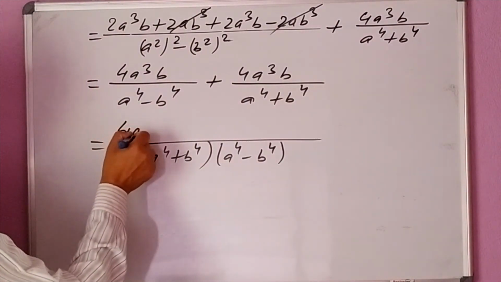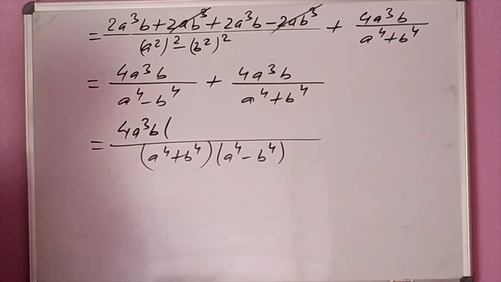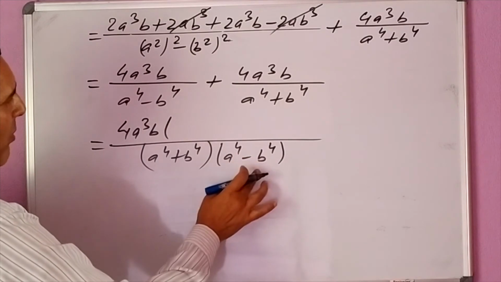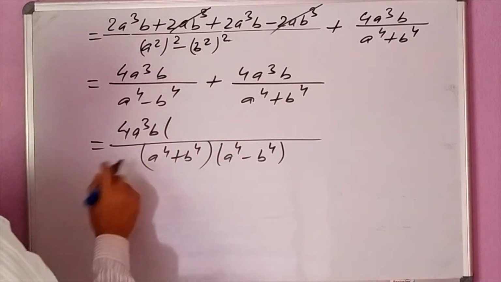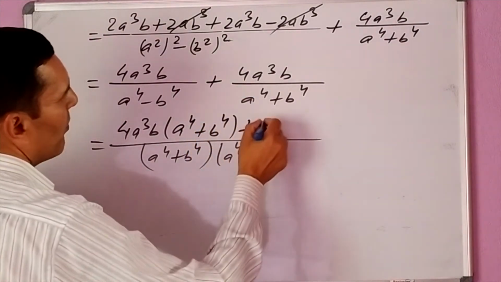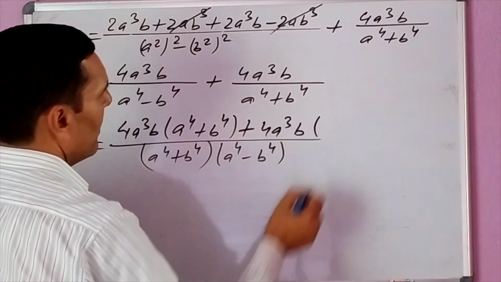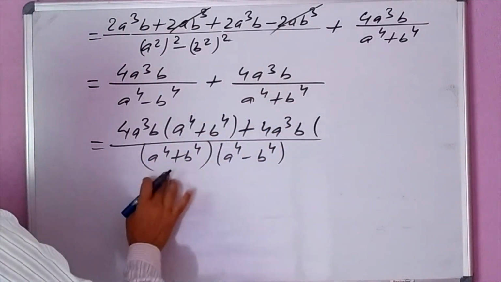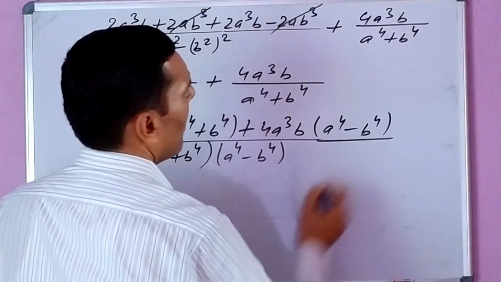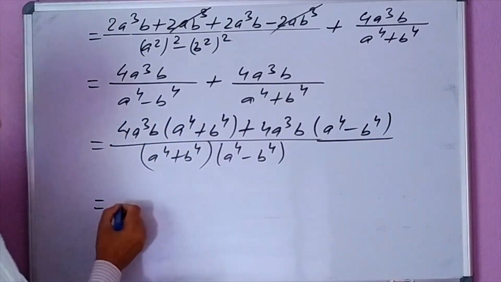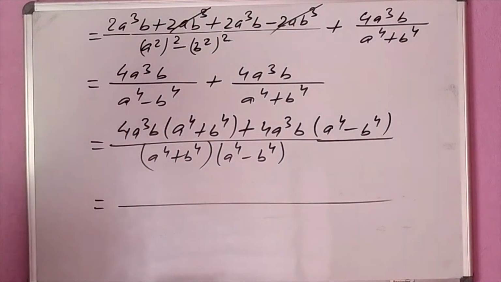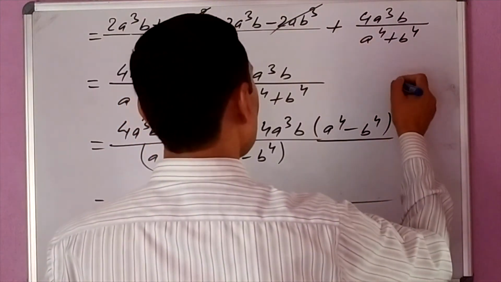So with this 4a cube b, what will remain to be multiplied? This a power 4 minus b power 4 cancels, so it remains a power 4 plus b power 4 plus this 4a cube b, and on this side this and this cancel, a power 4 minus b power 4. Now we open the bracket. Look at 4a cube b into a power 4. What is the product?